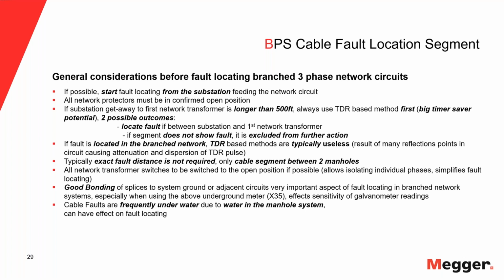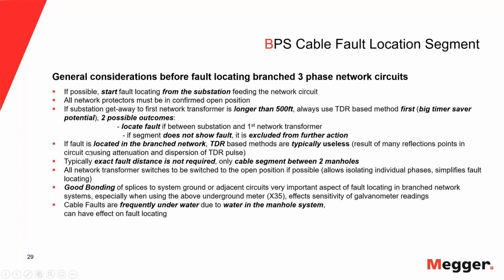And you have two possible outcomes. Either you find a fault in that section, then you're home free, very good, and it didn't take much time to find it, or there is no fault in it, and that means you can exclude it. You don't have to pay any more attention to that long section of cable, and you can move on to the real branch part of the network.